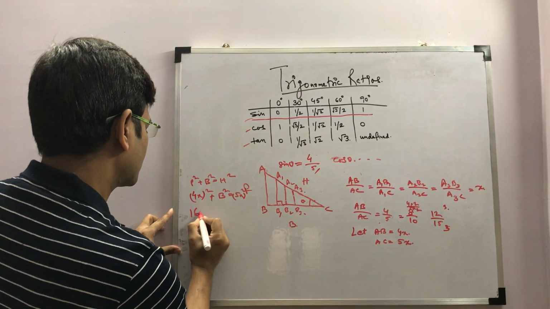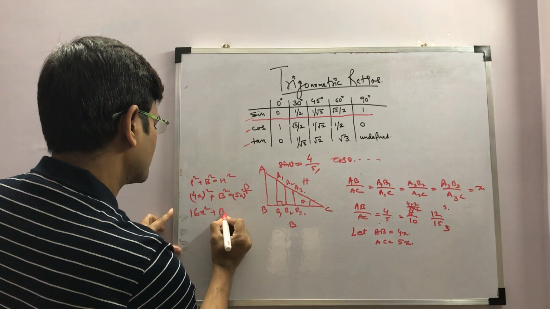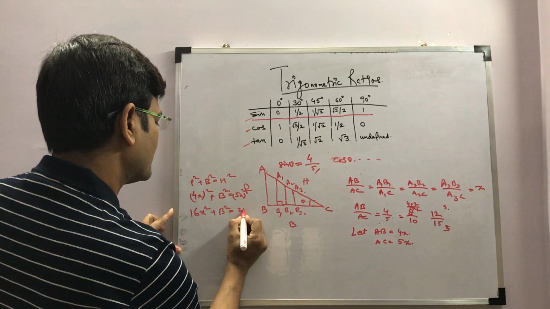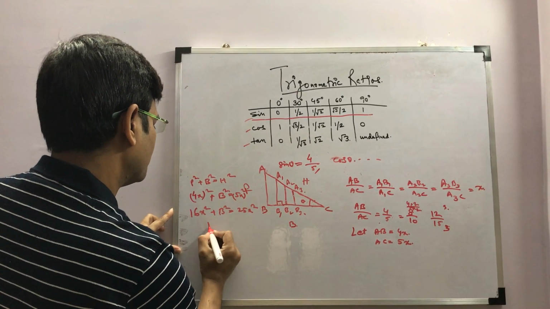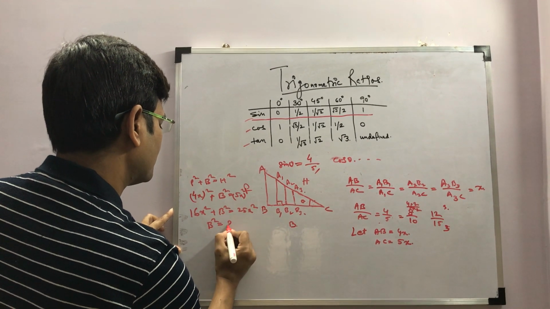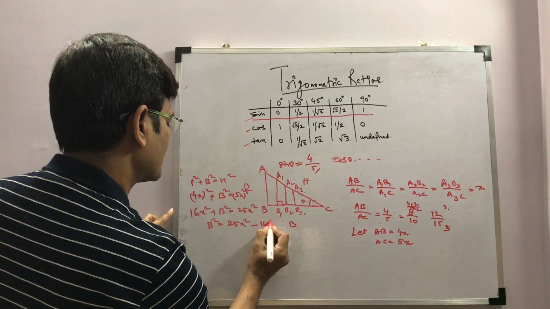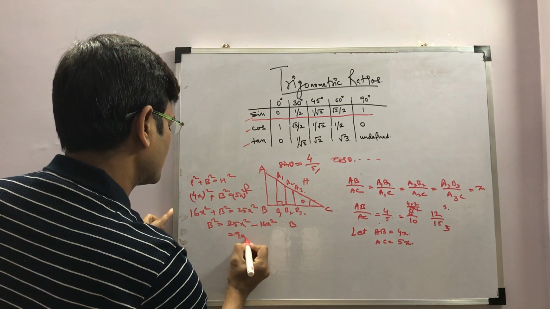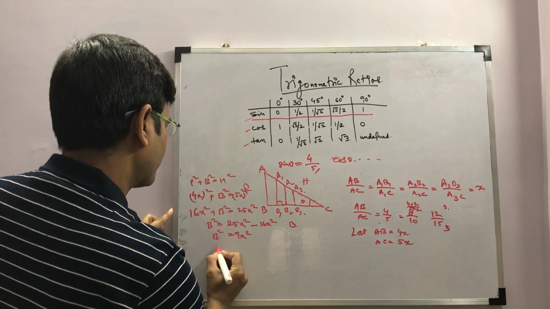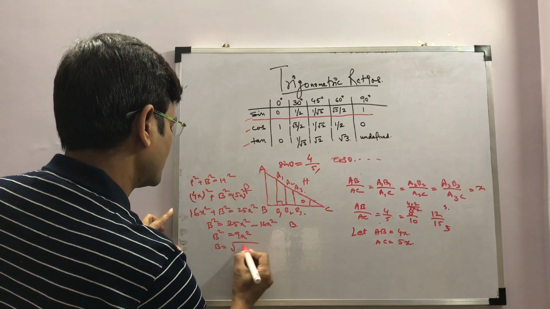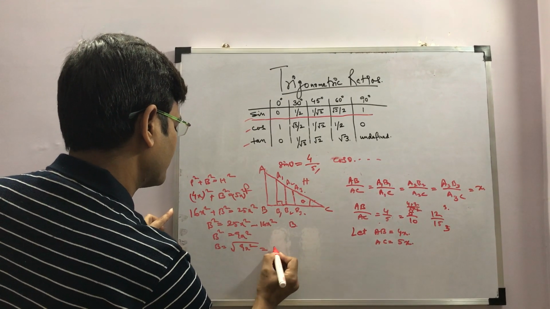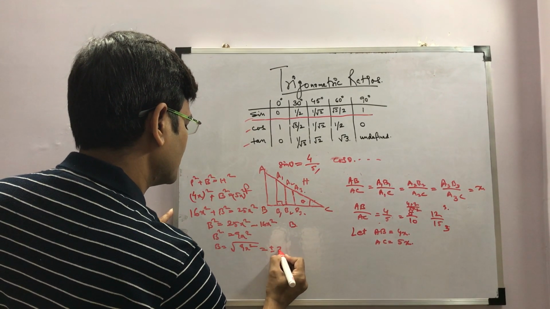So 16x square plus base square equals 25x square. Base square becomes 25x square minus 16x square, equal to 9x square. So B is root of 9x square, that is plus minus 3x.